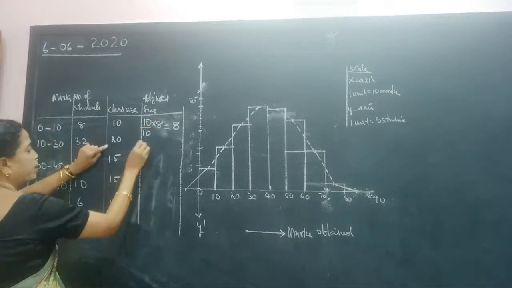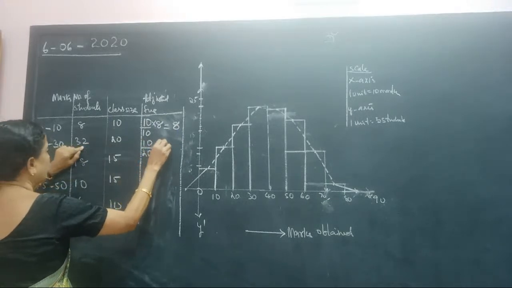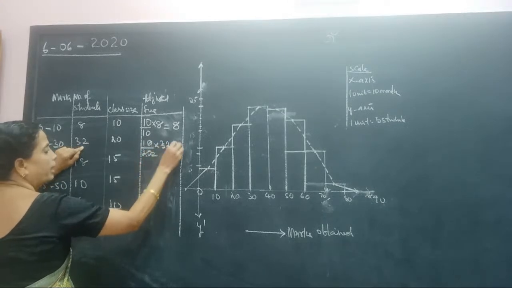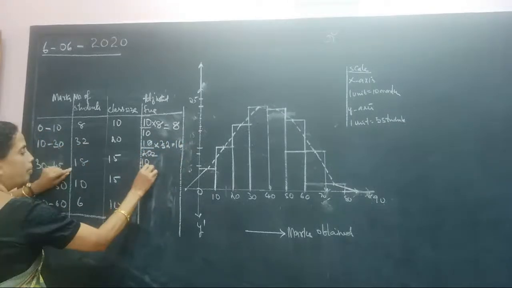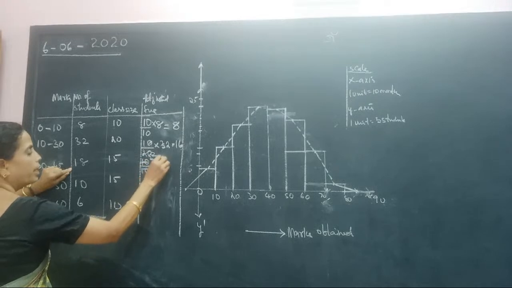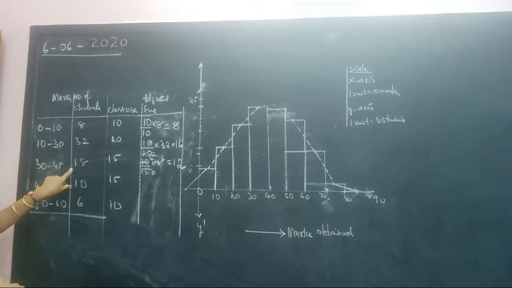In the second case, minimum class size over the corresponding class size, into the frequency: 10 over 20 into 32, which gives 16. Now 10 over 15 into 18: 5 2s are 10, 5 3s are 15, so 2 by 3 into 18 gives 12.